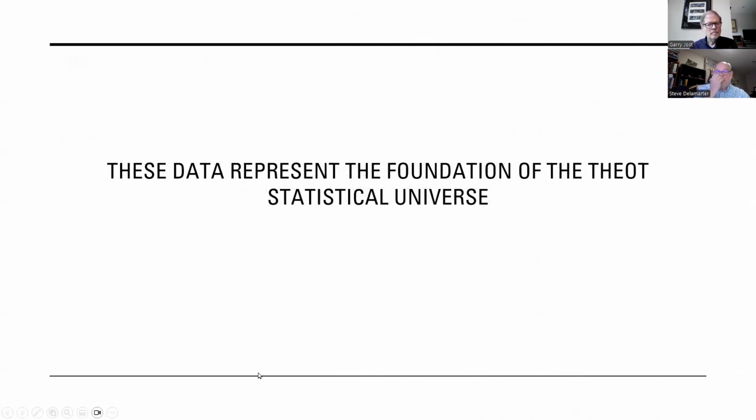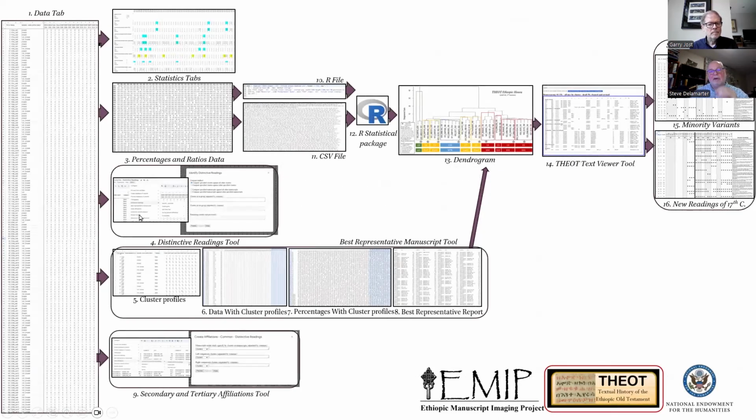Once again, these data represent the foundation of the THEOT statistical universe. Everything is grounded on this. This shows our workflows, and here's the data tab that we're just looking at. We're trying to show with this graphic that everything derives from this data sheet.